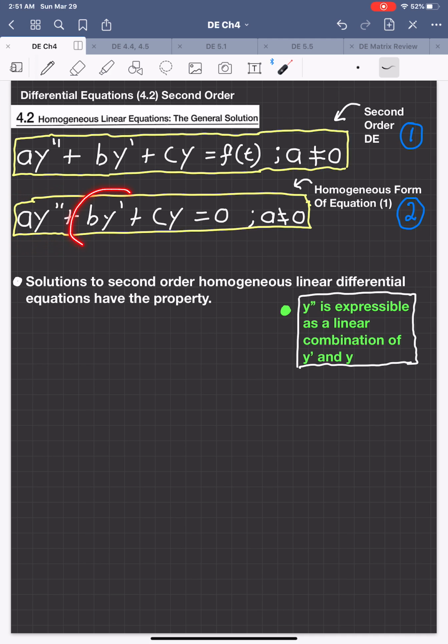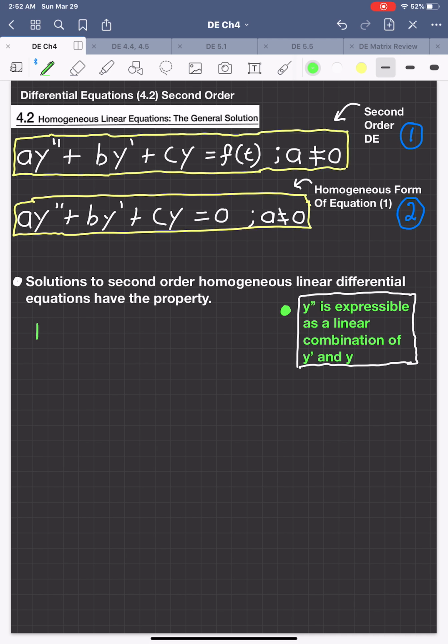So I would bring my b times y prime and my c times y to the other side of the equation, or I can just bring my second derivative, a y double prime, to the right side. But let me write that. Okay, don't worry about the negative symbol. That's not what's of importance right now.